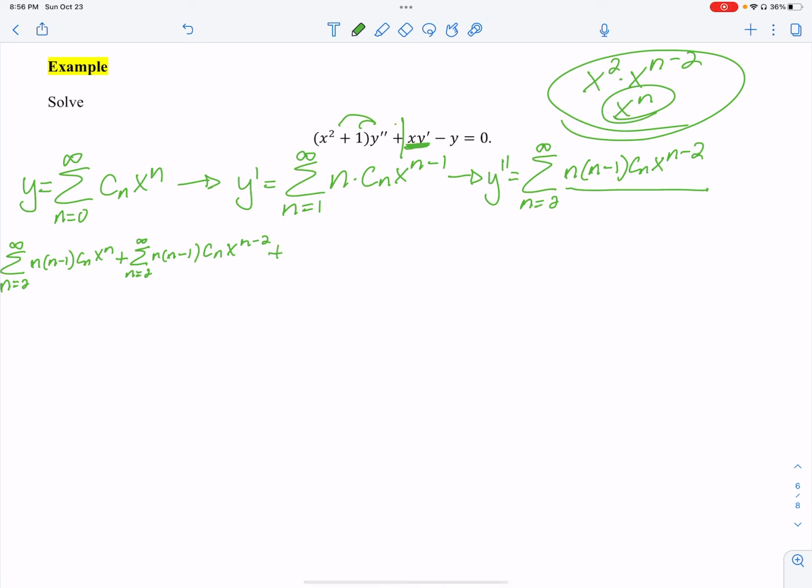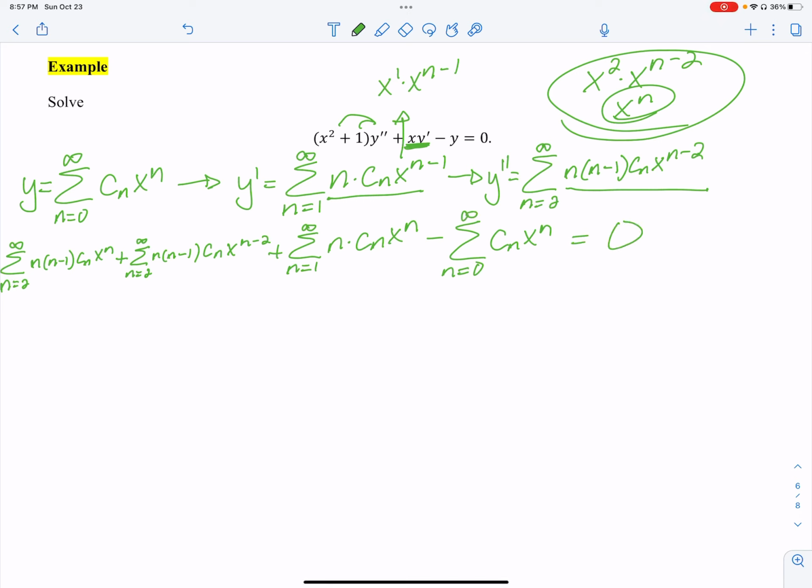We have the same case here. It goes inside, so I have x to the first times x^(n-1). I add my exponents, the 1s are gone, so it just becomes x^n. So this is the summation from n equals 1 to infinity of n c_n x^n. Don't have to correct that one. And then we just have a minus our guess, c_n x^n, which runs from 0 to infinity, and this equals 0.